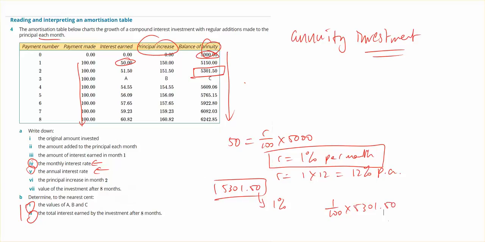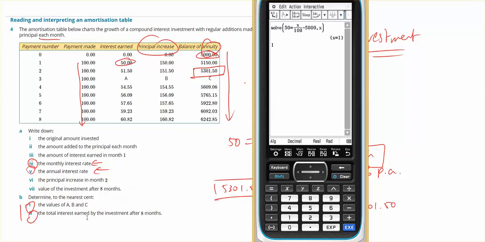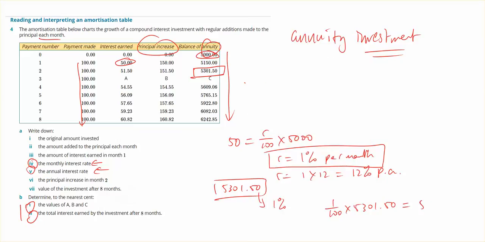Let's enter that on our calculator. We get $53.01. The dollar sign and to 2 decimal places.